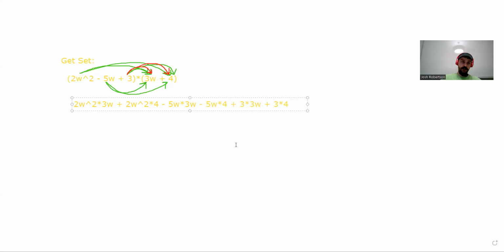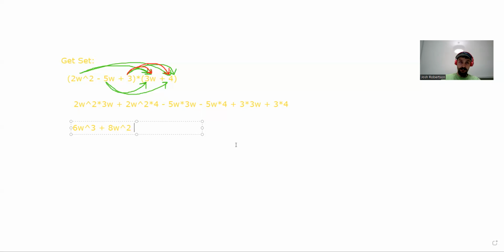And then once I take the product of each one of these, I get 2 times 3, which is 6. W squared times w is w to the 2 plus 1, which gives me w cubed. 2w squared times 4, that's 2 times 4, which gives me 8, plus 8w squared.